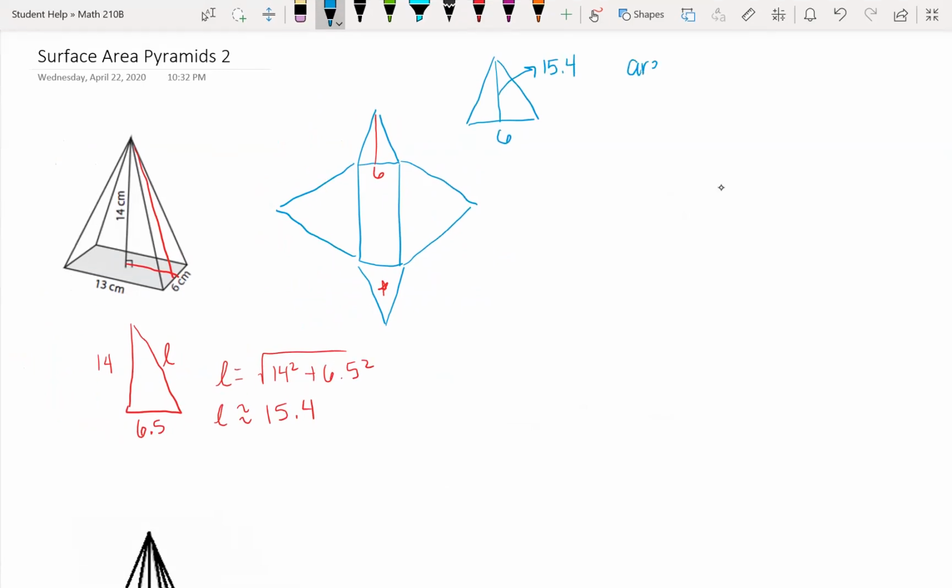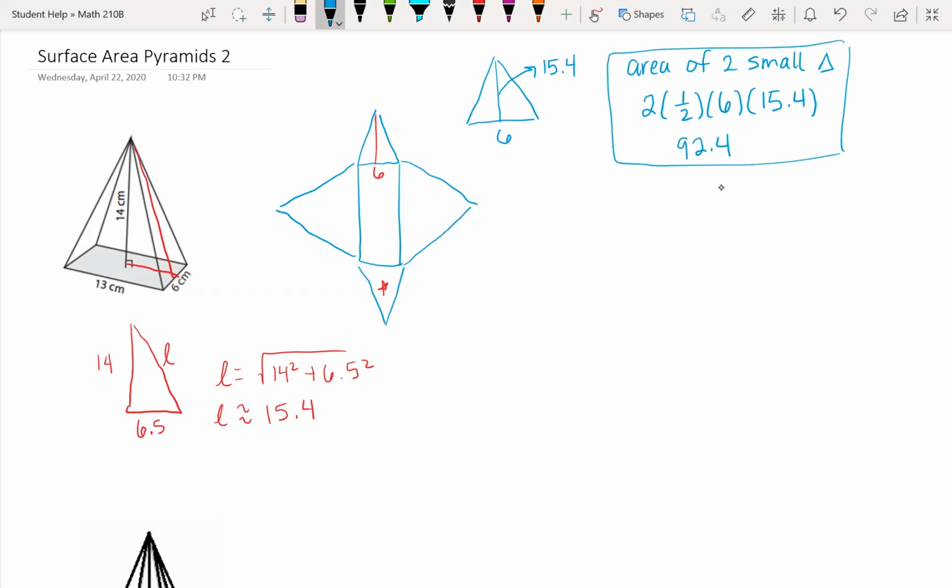So the area of two small triangles is 2 times 1/2 times 6 times 15.4. So that's going to be 92.4. That's the area of the two small triangles. Okay.